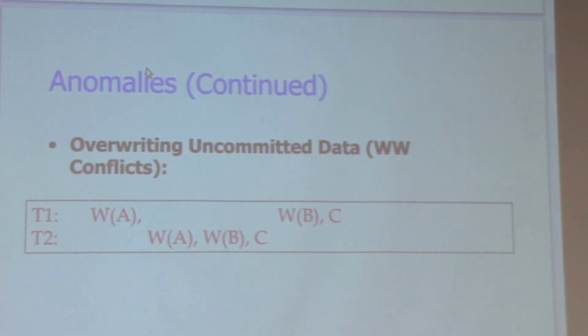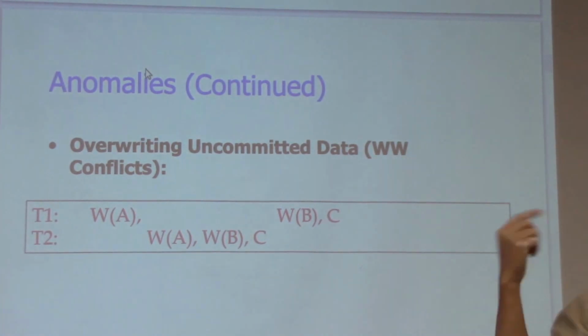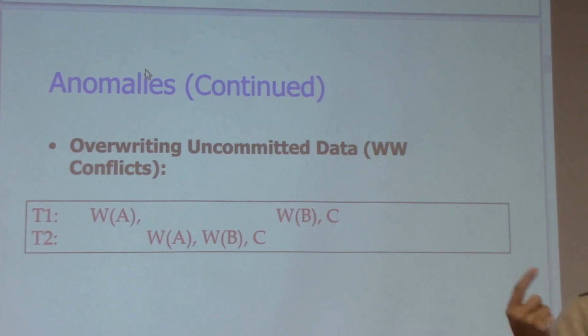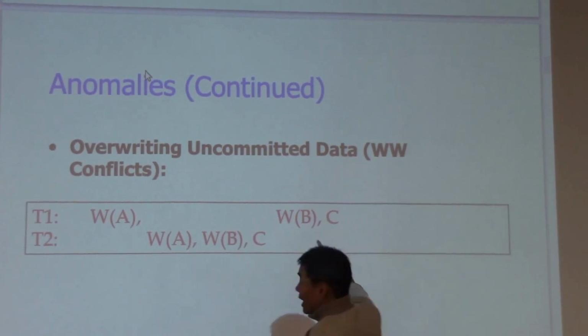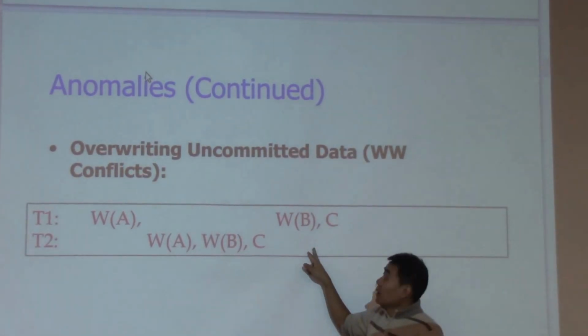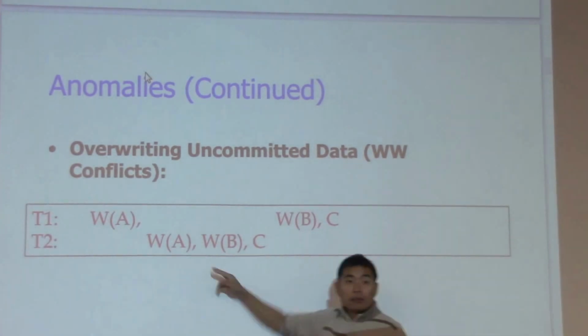Well, T2 determines the final value of both A and B. If you do T2 then T1, what happens? T1 determines both values of A and B. Do you follow me? But if you do a schedule like this, what happens? T1 determines value B and T2 determines the value A.